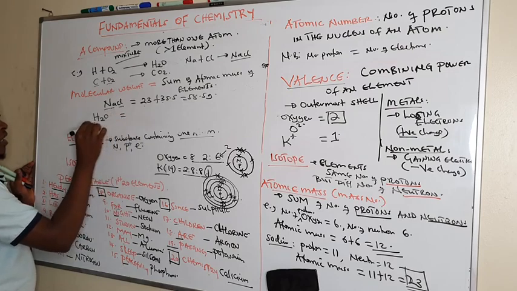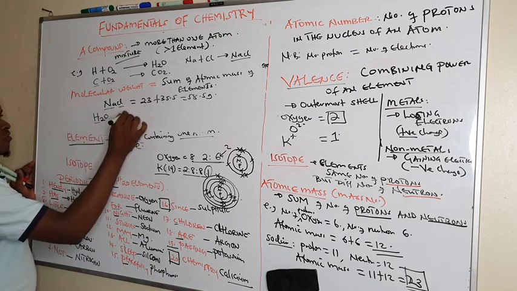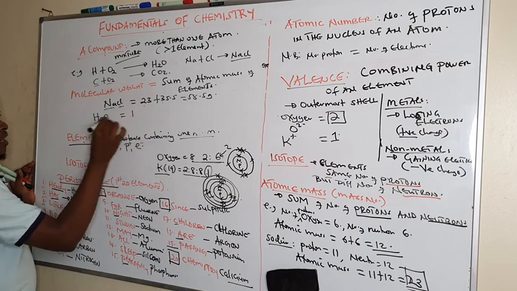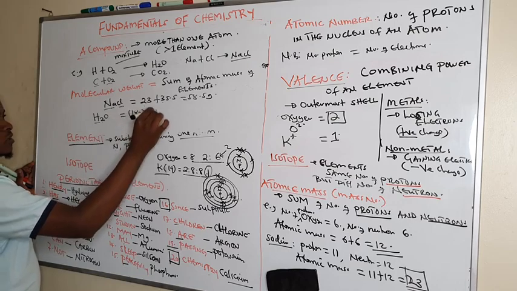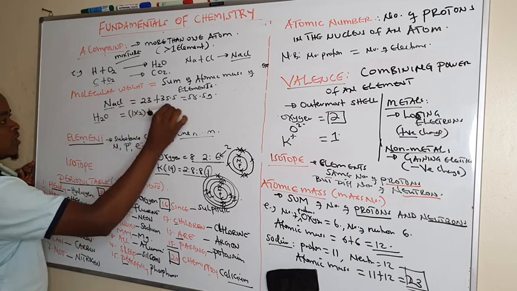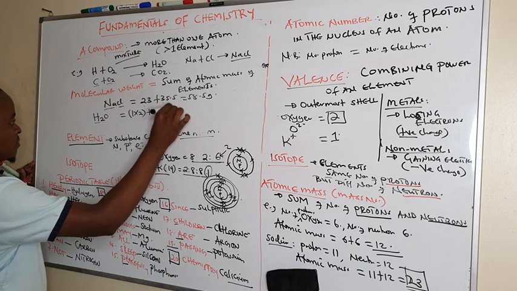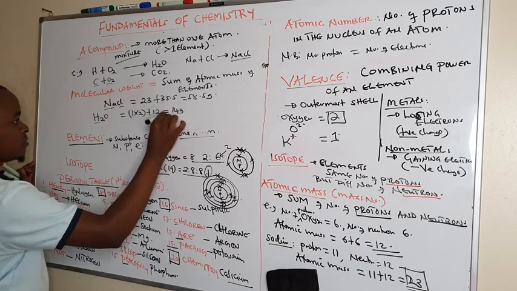If I want to calculate the molecular weight of water, I get the atomic mass of hydrogen, which is 1, but there are 2, so I multiply by 2, then plus oxygen, which is 16, and I get 18 grams.